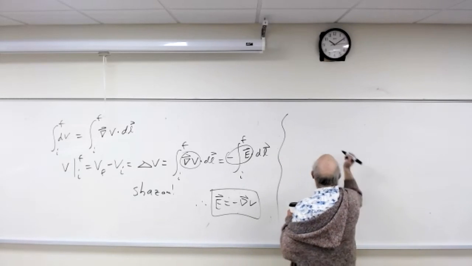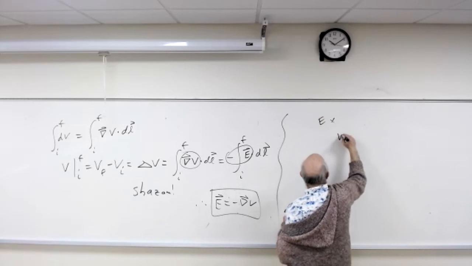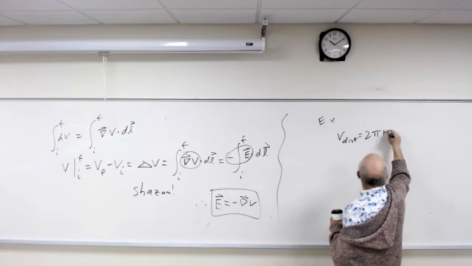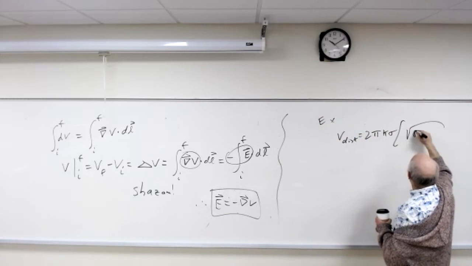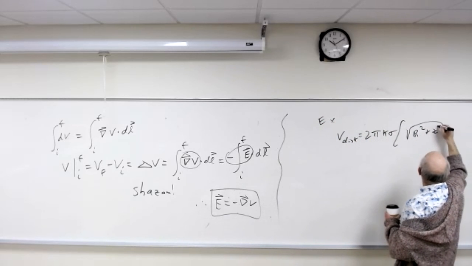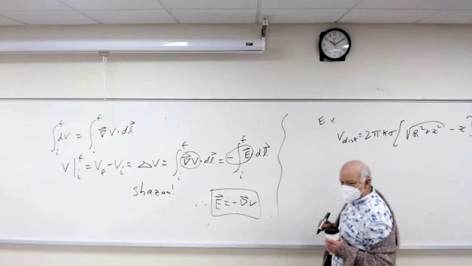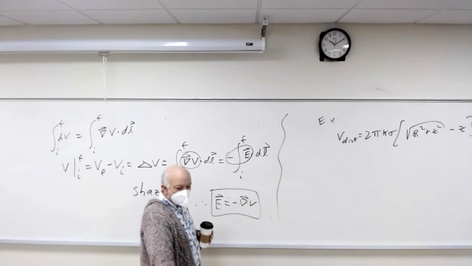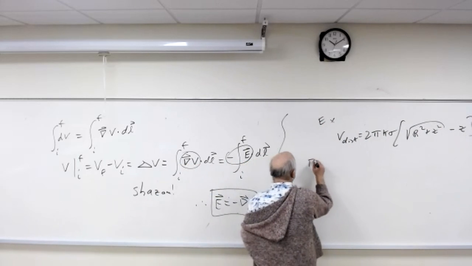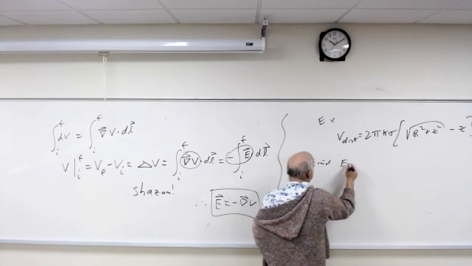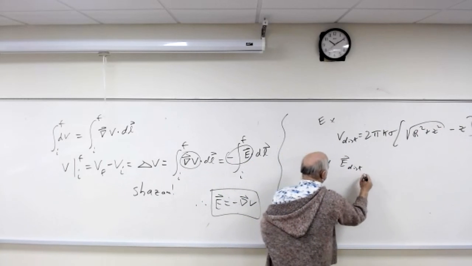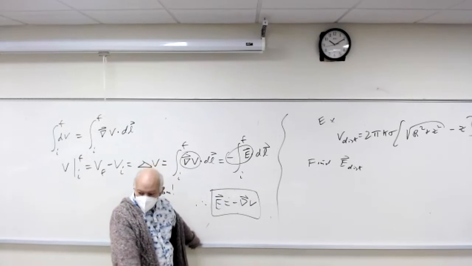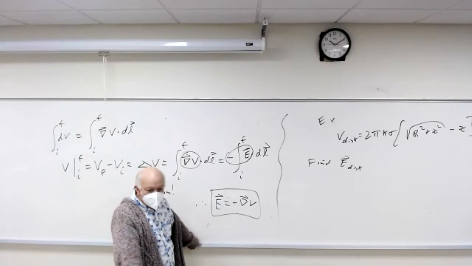Okay, let's do an example of this. We had the V of the disk. I don't remember exactly, but I think it's 2 pi k sigma times square root of r squared plus z squared, minus z. Is that right? Yeah, I think so. I want you to find the electric field of the disk. What is the claim?